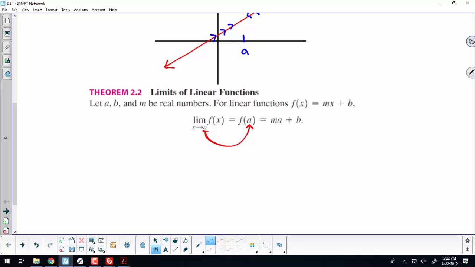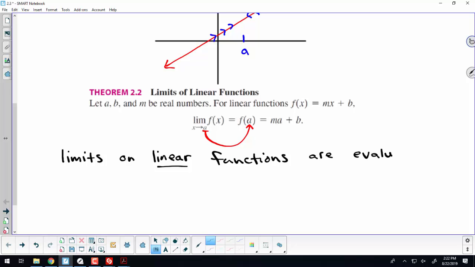So I'll just write this here: limits on linear functions are evaluated by direct substitution.